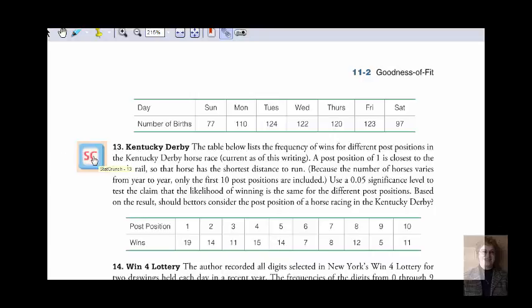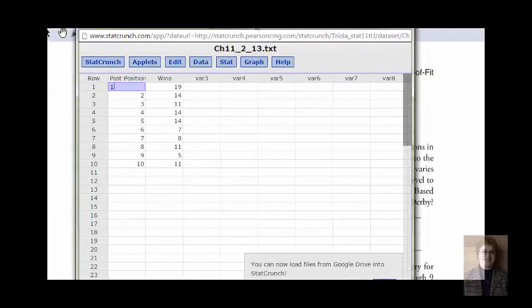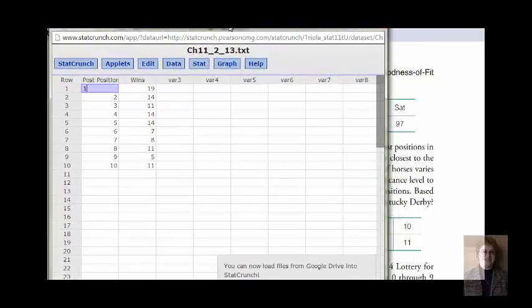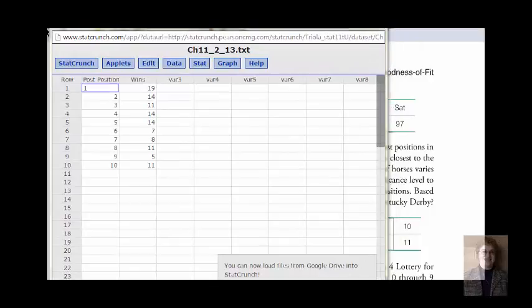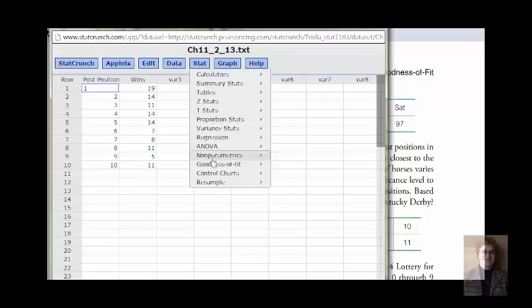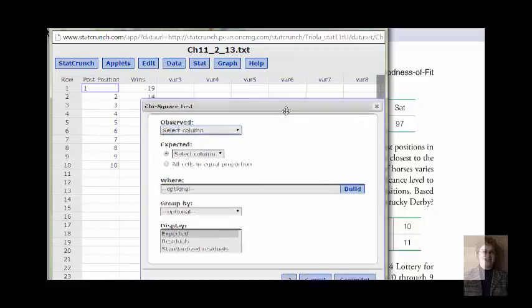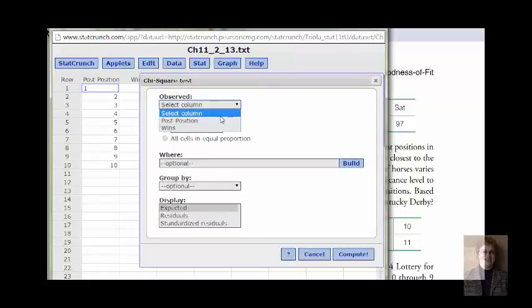Let's go ahead and open up StatCrunch. And here's our data table. So here we have it, and if there was no difference, we would expect them all to be the same. So let's do Stat, Goodness of Fit, Chi-square. My observed is going to be in my wins column.